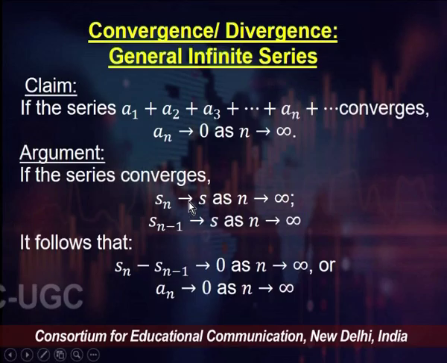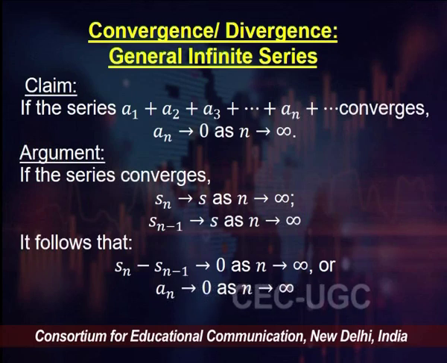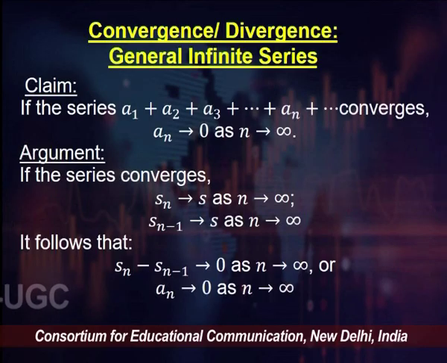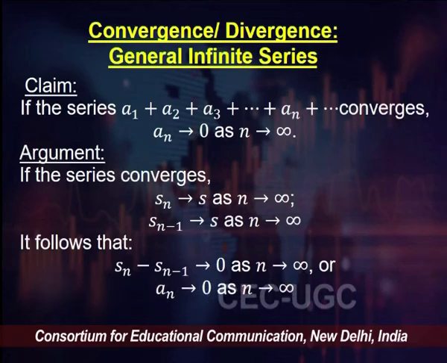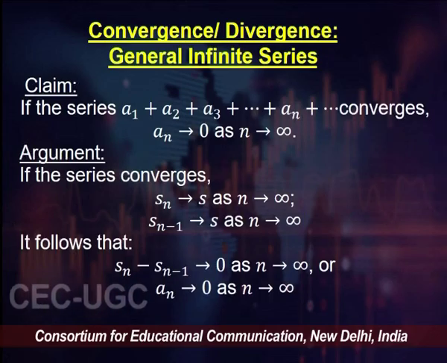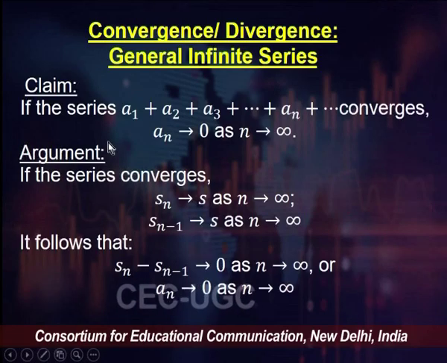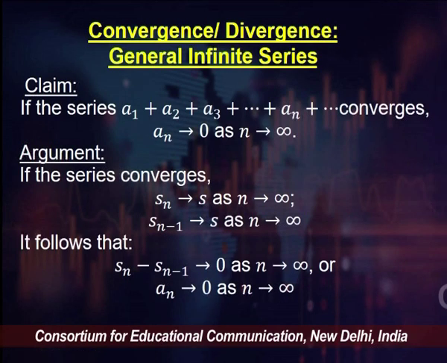If I want the sum to stabilize, then as I go farther and further out in the series, I must be adding something less and less, so that the sum changes only a little bit, so that finally it stabilizes. So, if S sub n tends to S, the sum of the first n minus 1 terms will also tend to S as n tends to infinity. It may not exactly be S, but it will tend to S.